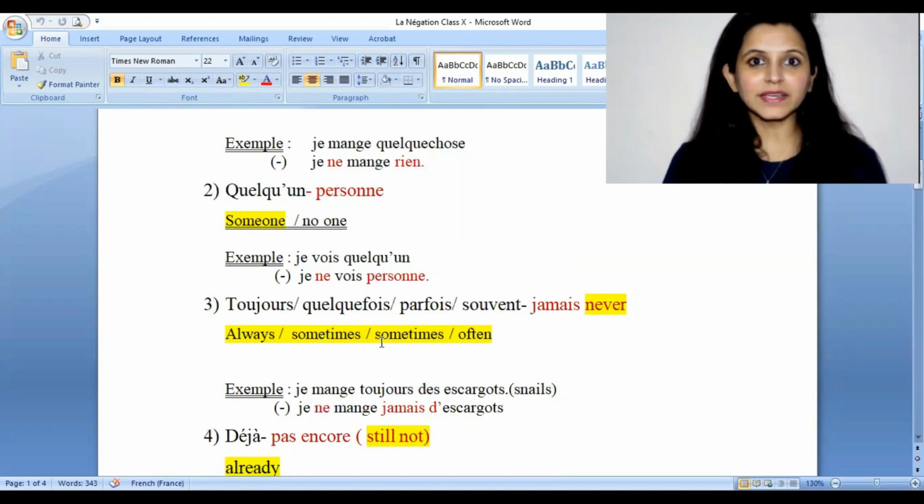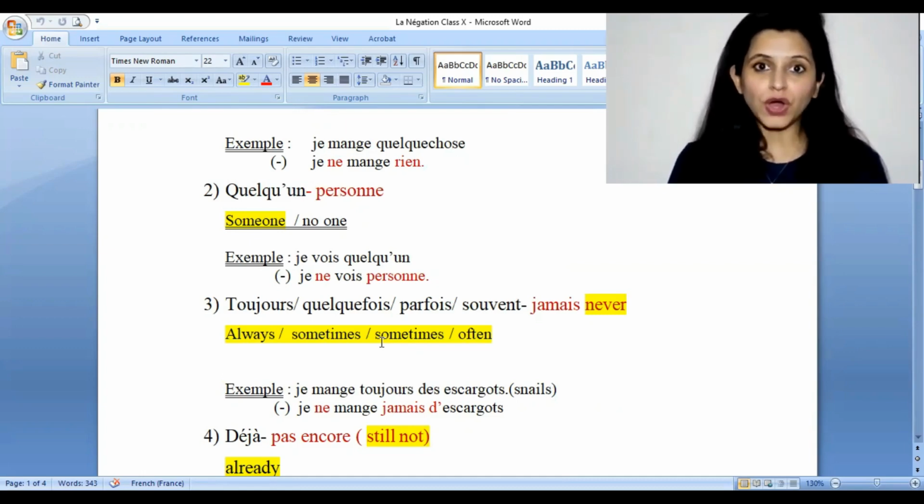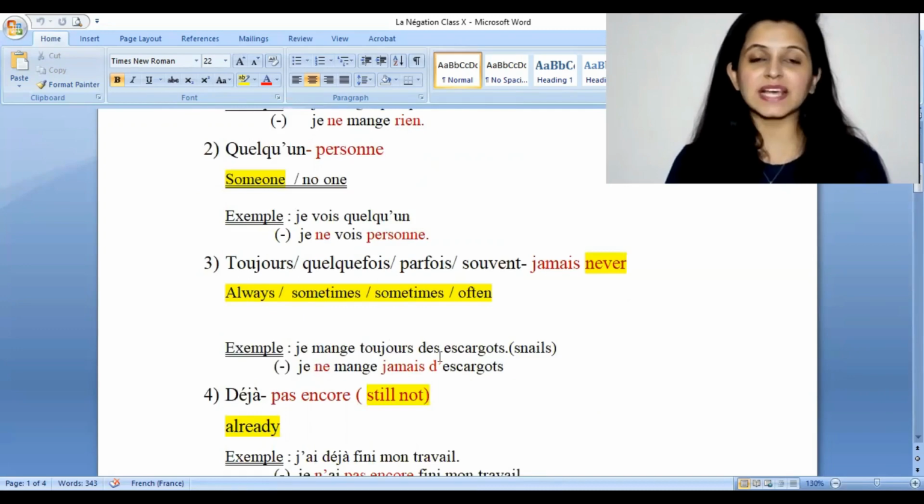In the third category, we have a lot of synonyms like toujours, which means always, quelquefois, which means sometimes, parfois, which again means sometimes, souvent, which means often. So the negative of all of them is jamais. Par exemple, je mange toujours des escargots. Now, what are escargots?